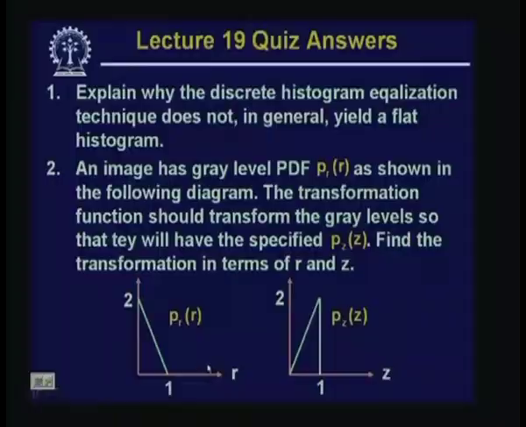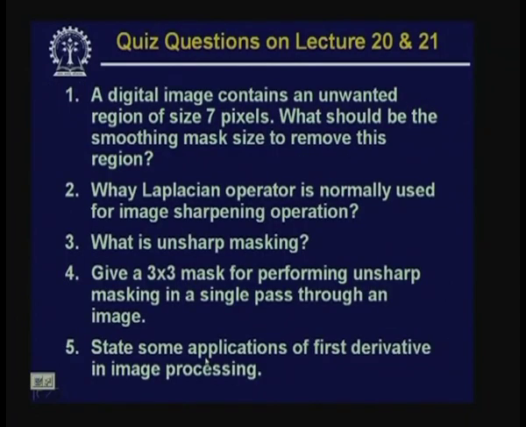Now, let us go to some questions of today's lecture. The first question is, a digital image contains an unwanted region of size 7 pixels. What should be the smoothing mask size to remove this region? Second, why is the Laplacian operator normally used for image sharpening operation?